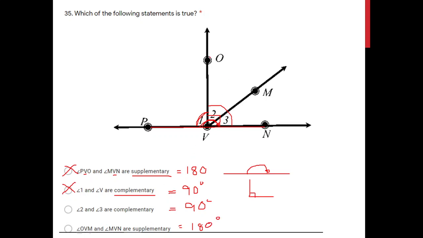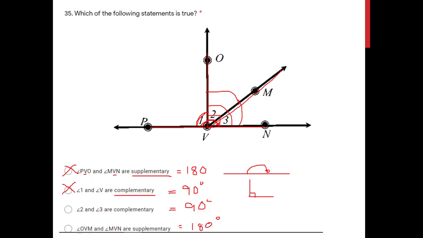OVM. This is O, V, and M. This one and that one. Basically, it's angle 2. And MVN. MVN. That's basically angle 3, but it's mostly the same. This is the equivalent of angle 2. This is the equivalent of angle 3.